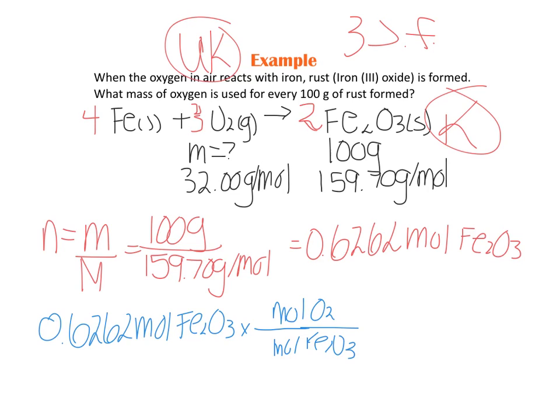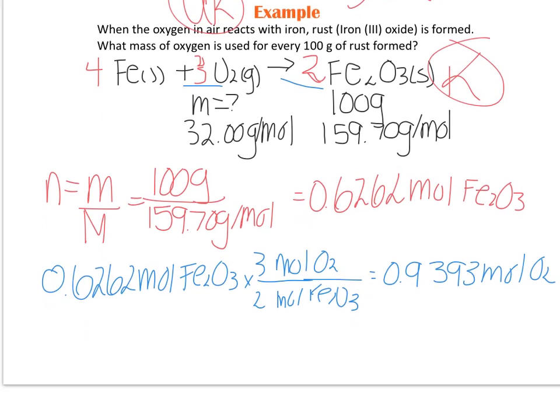So that's going to go on top. Now these come from our coefficients here. So 3 moles of oxygen in our balanced equation per 2 moles of iron 3 oxide. And when we multiply across and divide by everything across the bottom, we get 0.9393 moles of oxygen.